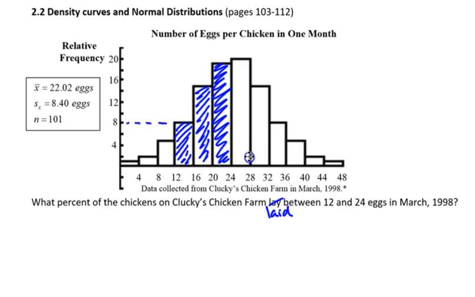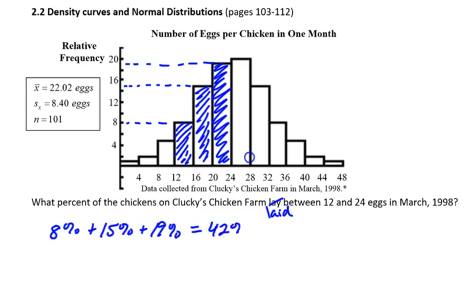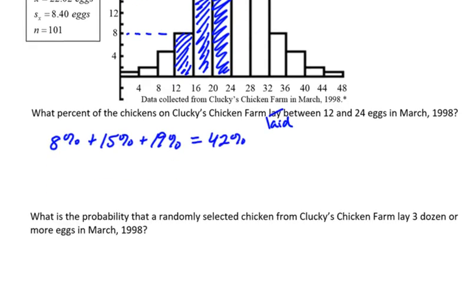And this one looks about 15, and this is about 19. So 8% plus 15% plus 19% equals 42%. So we're just adding up the bars.